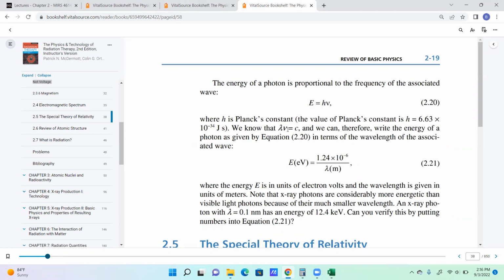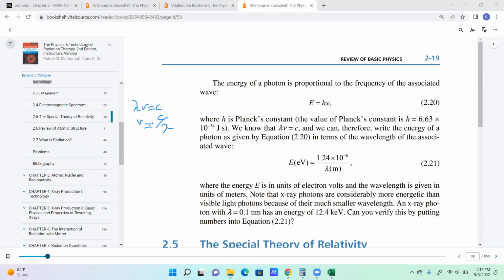So if we take this formula, lambda nu is equal to c. Take that and we solve that for nu.